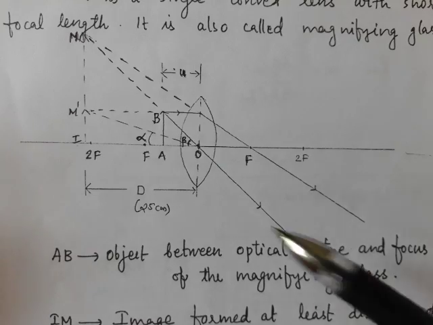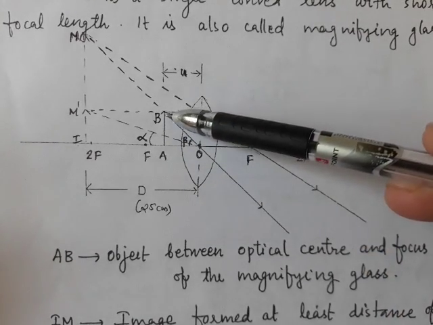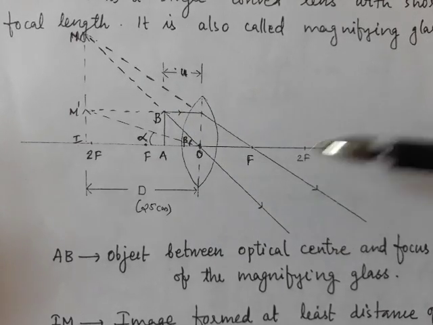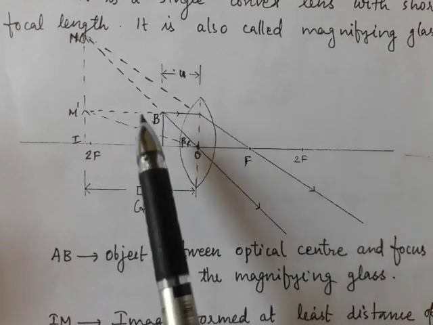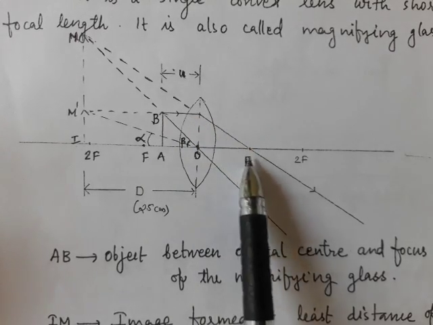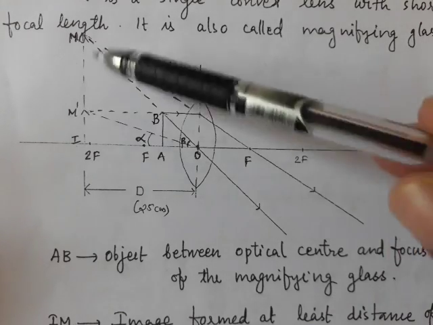This can be obtained by drawing the ray diagram. So this is AB. From the top we can consider two rays. One is passing through the optical center without any deviation. The other one goes parallel to the principal axis and after refraction passes through the principal focus. So this is the procedure of getting the image here.